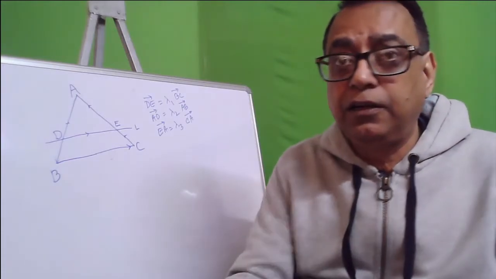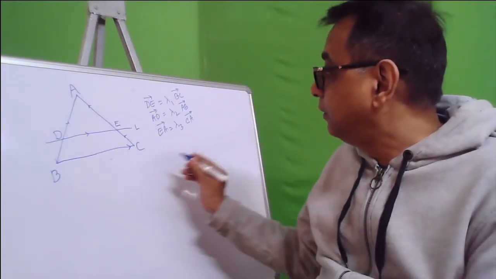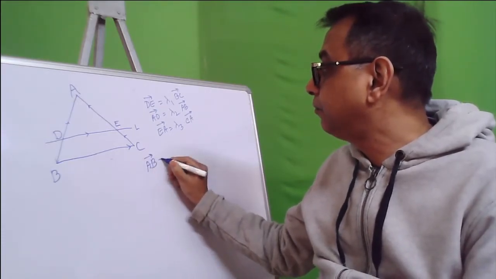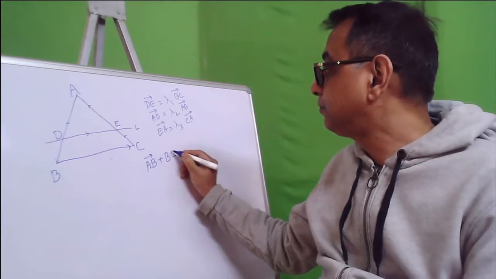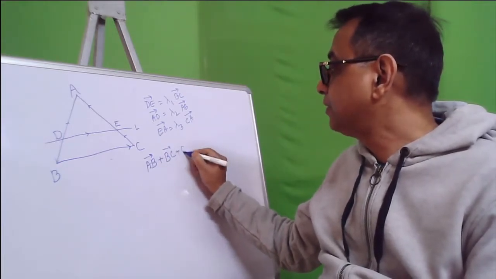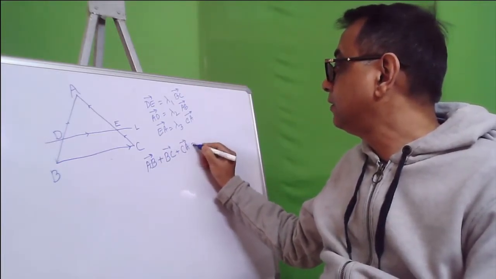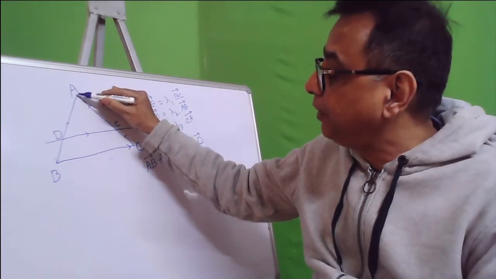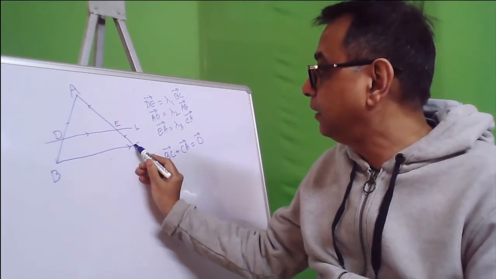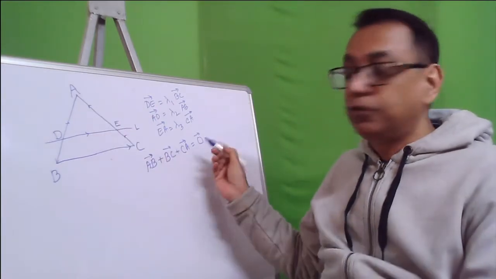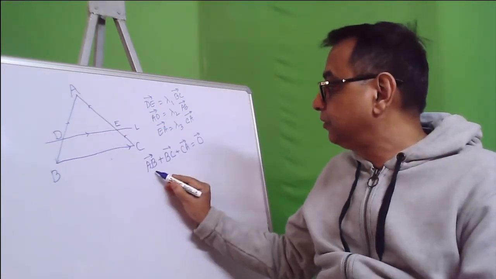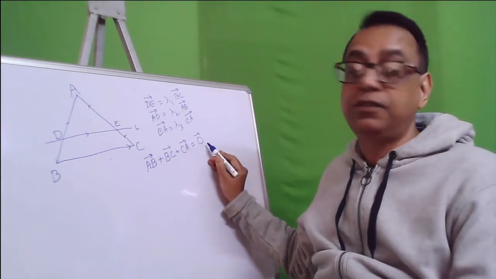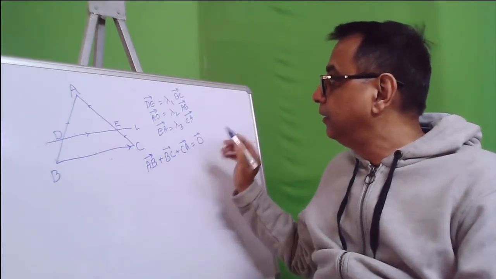Now, if you can notice, vector AB plus BC plus CA is a zero vector. Why? Because we are starting from A, we have come to B, then C, and then back to A. So we are going back to the original position. So vector AB plus vector BC plus vector CA is equal to a zero vector.